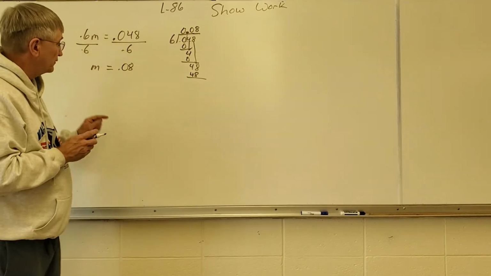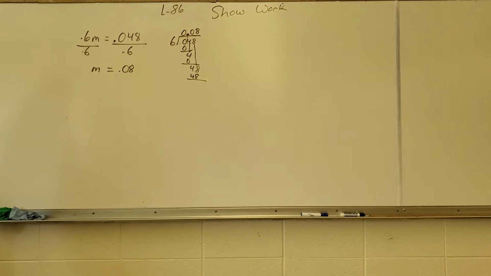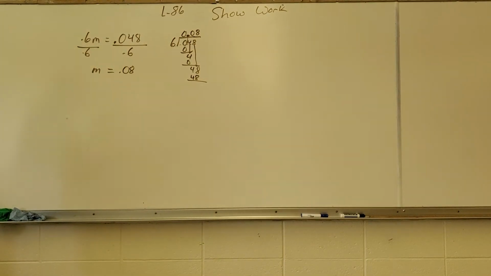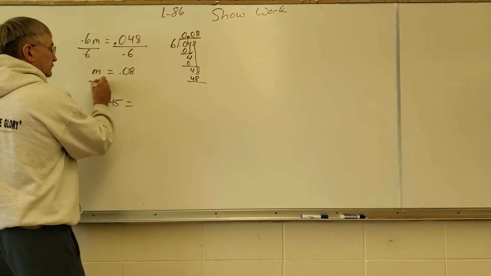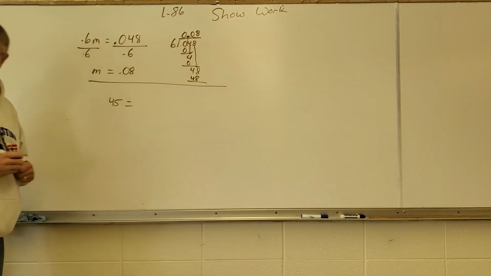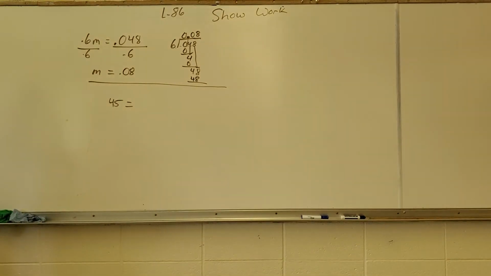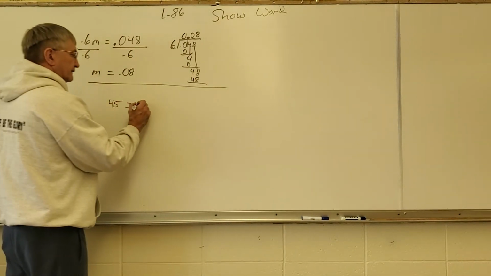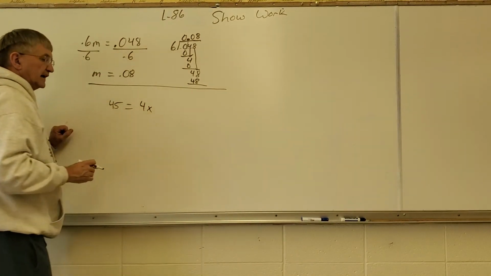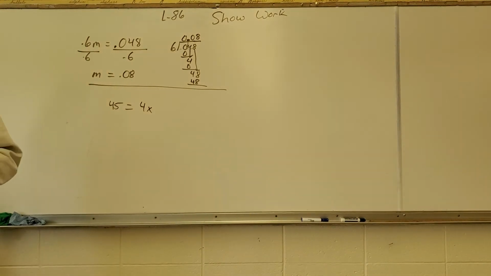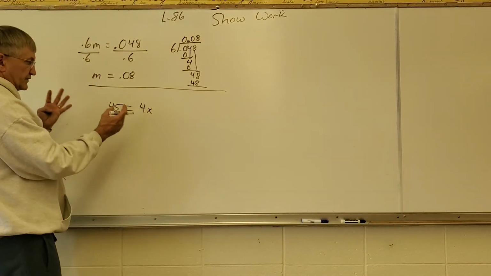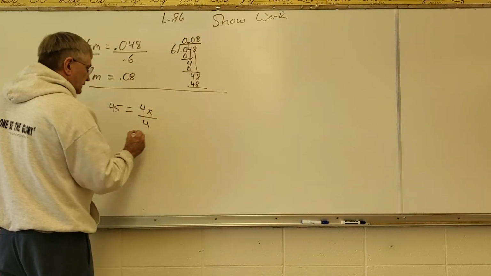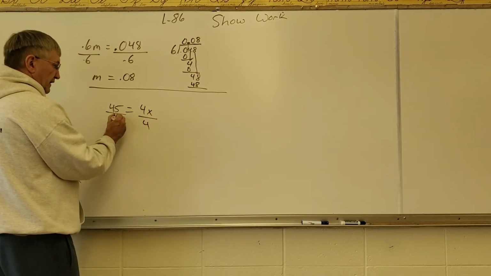Okay? Now, I'm going to go below here and do the next one. The final example is they reverse it. 45 equals 4x. I'm going to draw a line here so I don't get them confused. Doesn't matter. Same principle: we want to get the x by itself. Don't let this mess with your mind. Divide by 4. Divide by 4.